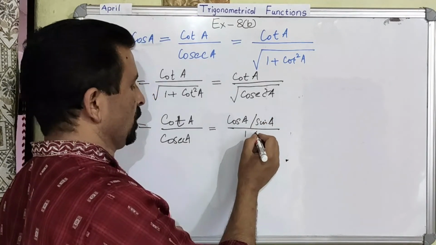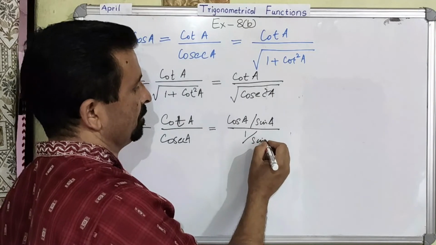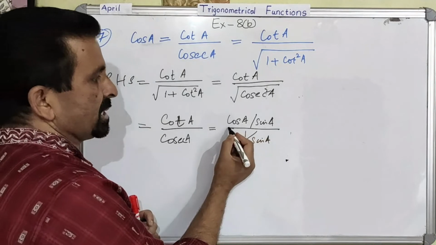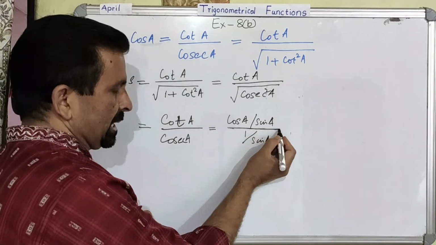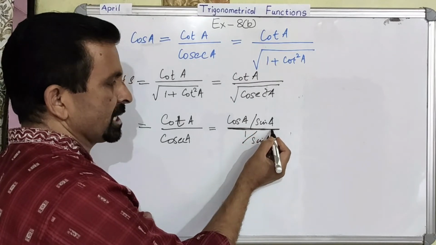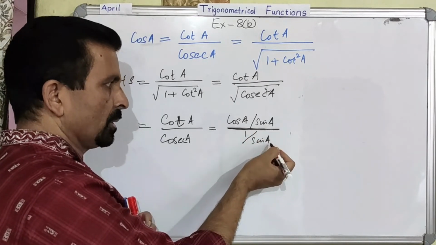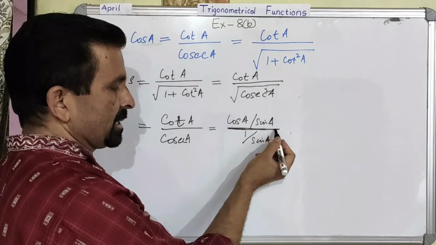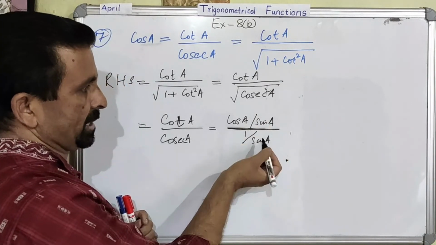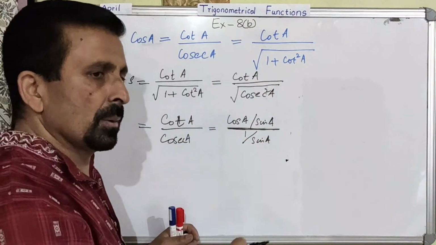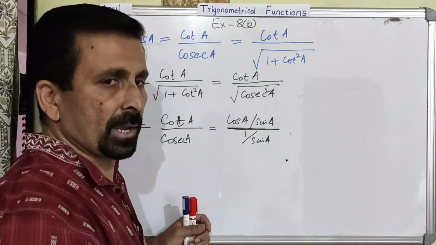I can write as 1 over sine A. Is this very clear? Now this fractional sign will be taken as a division sign. This is because above or below, if we have any number as a fraction number, then this will be taken as a division sign. And here in this question, both the upper part and the lower part are in fractional form. Both are fraction numbers.